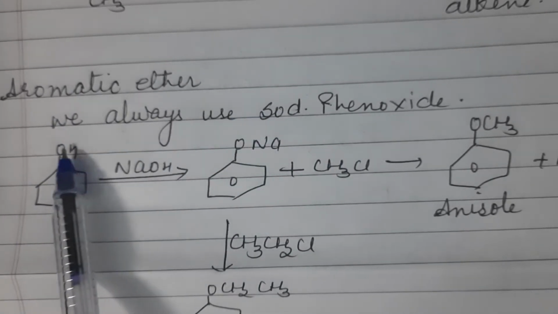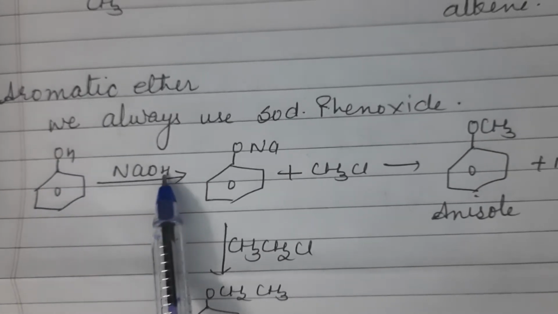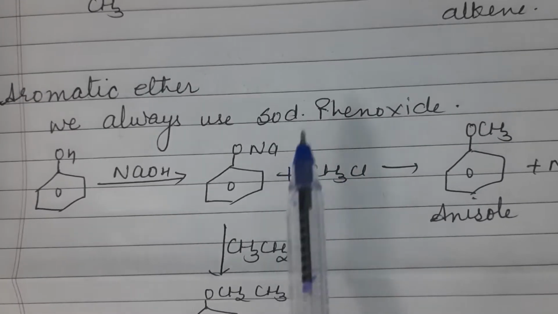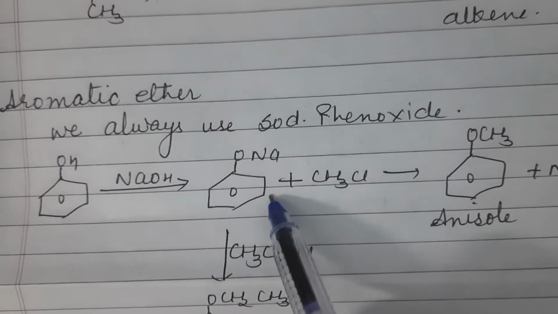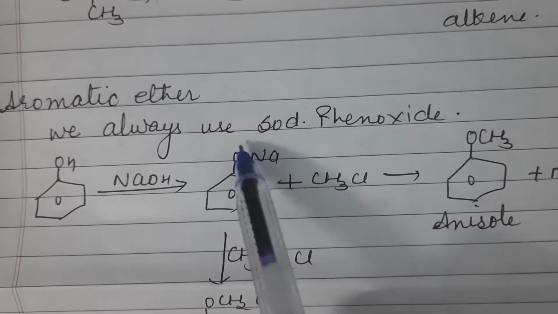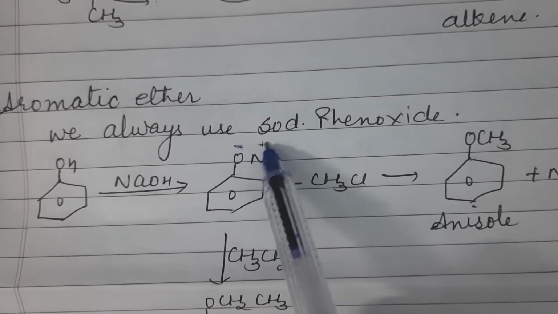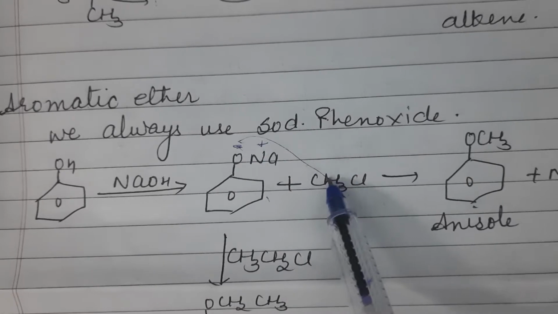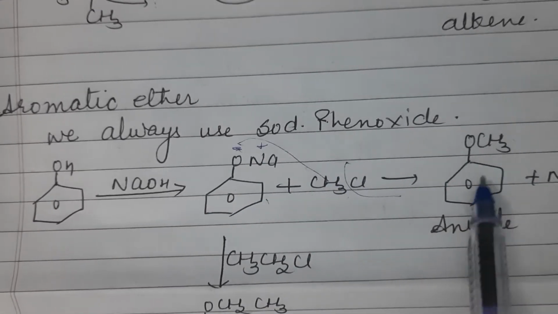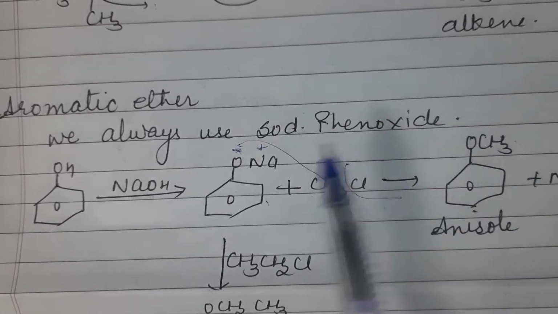It is prepared by treating phenol, which is acidic in nature, with NaOH, and we get sodium phenoxide, and then sodium phenoxide ion is treated with alkyl halide according to the requirement of ether. For example, here negative charge comes on oxygen and positive charge comes on sodium, and nucleophilic attack takes place and we get methyl phenyl ether, also known as anisole, and NaCl.